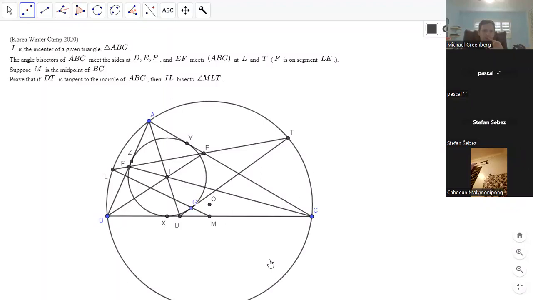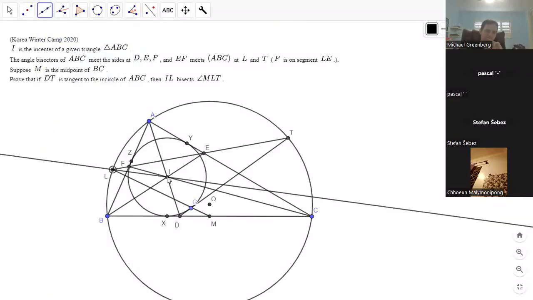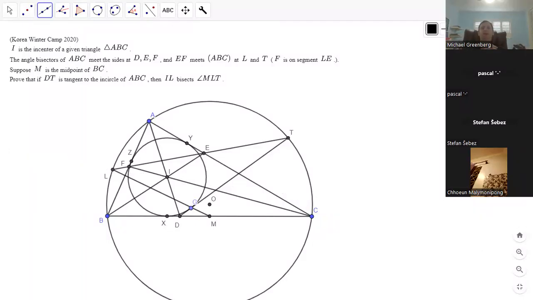Yeah, IL bisects MLT. Let's think about what that means. Maybe I is the incenter of another triangle, but yeah, it's a very random condition.